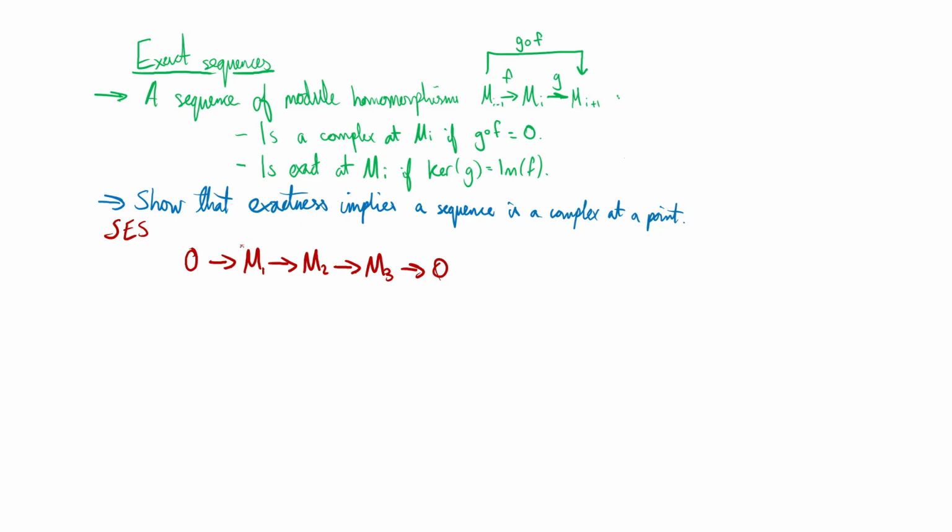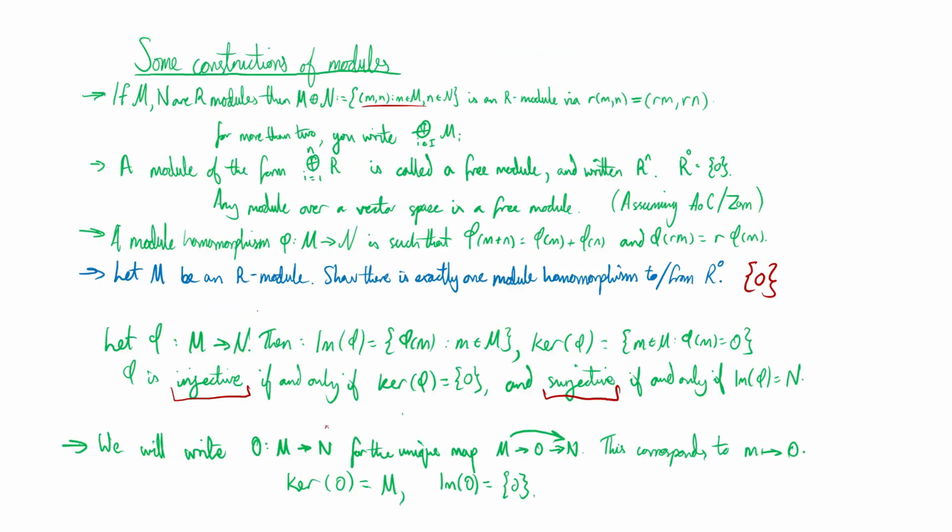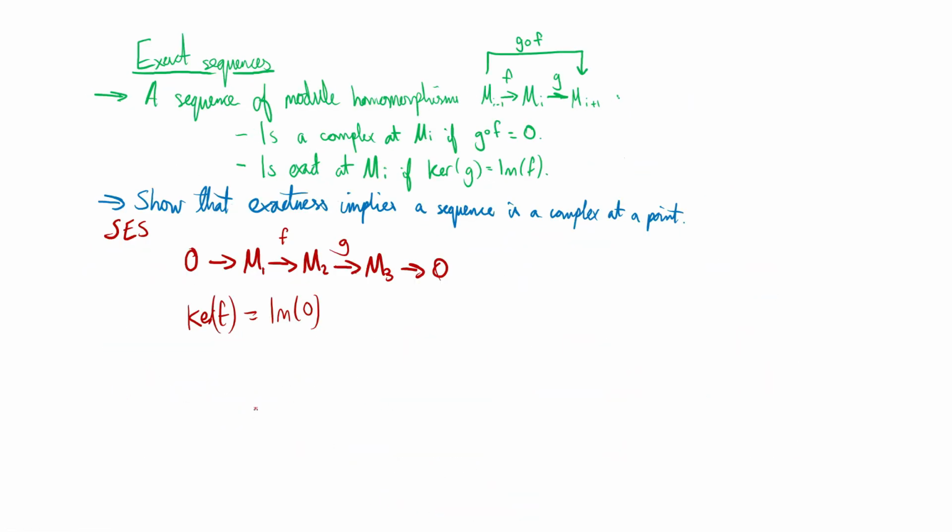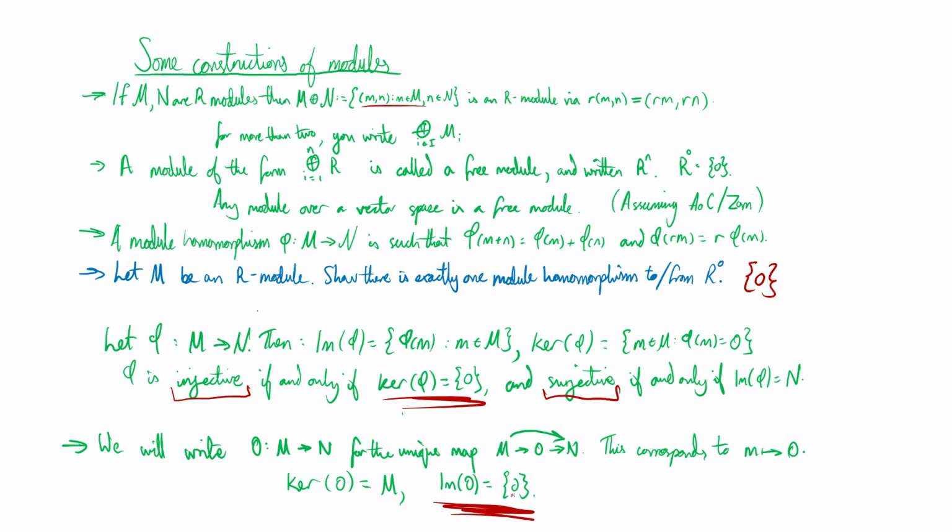Let's write the maps as F and G, and the ends are 0. Exactness at M1 means that the kernel of F equals the image of 0. The image of 0 is 0, which means that F is injective, because the kernel is 0.